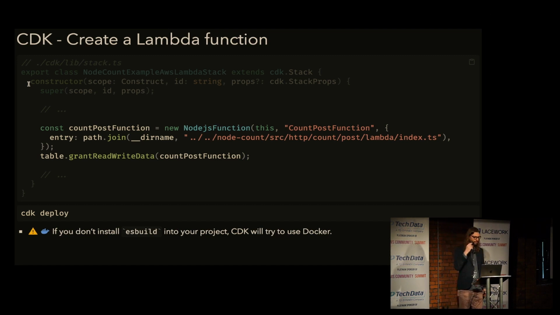And by calling grant read write data on the table, we can then grant the count post function read and write access to that database table, which I think is a brilliant feature because otherwise you would have to understand how AWS identity and access management works, resource-based policies, and really get into some detail about how to construct the correct IAM role for that particular function. Or you can just call this one line of code and it does enough for you. And this saves teams a lot of work.